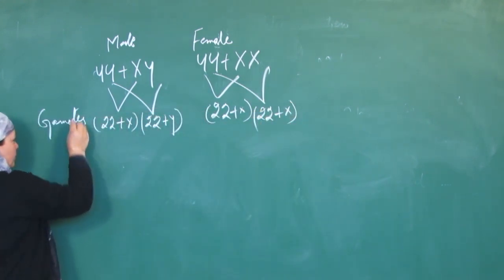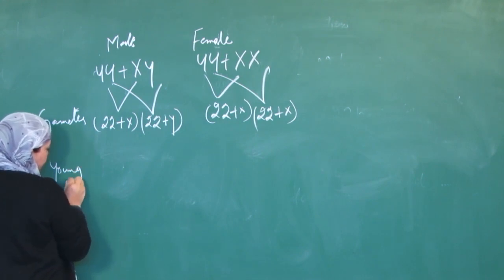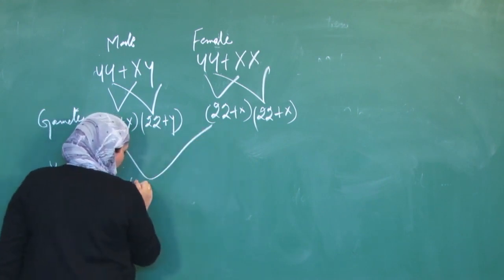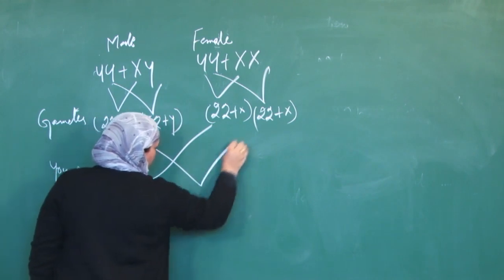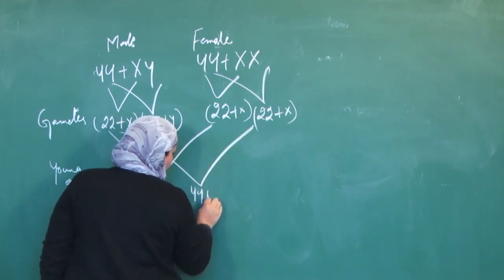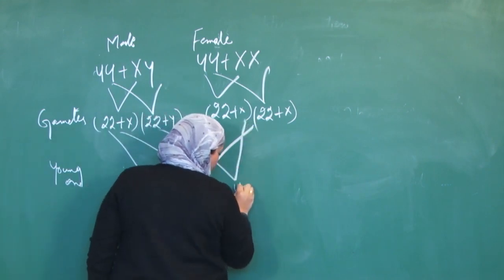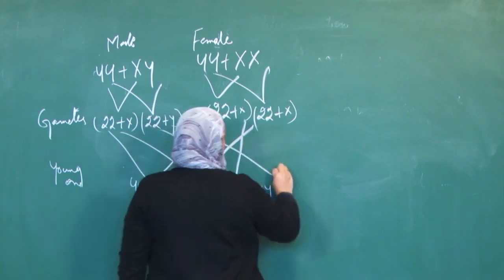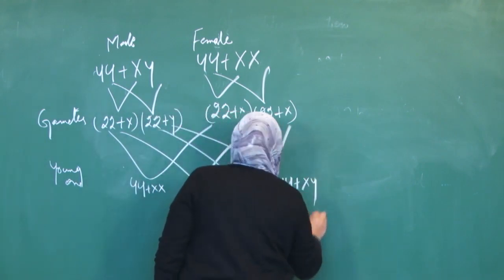So the young one can be 44 plus XX, 44 plus XX, 44 plus XY, and 44 plus XY.